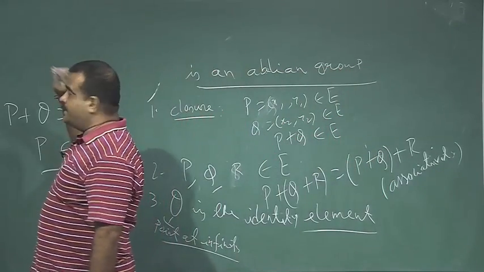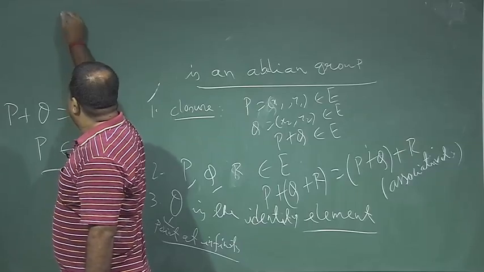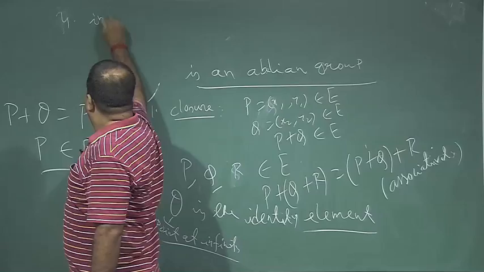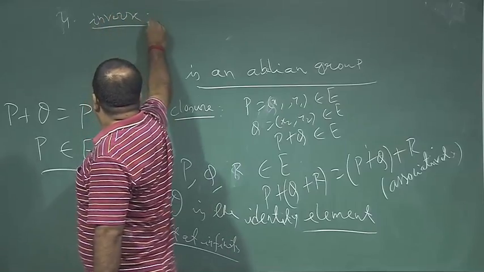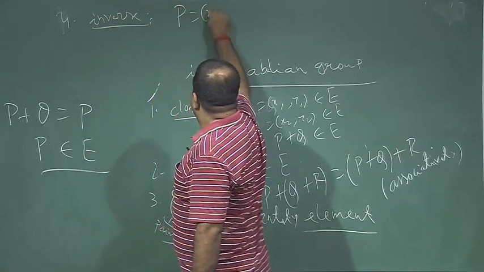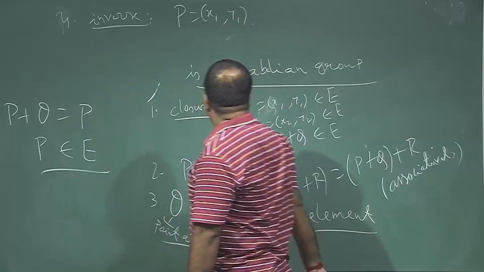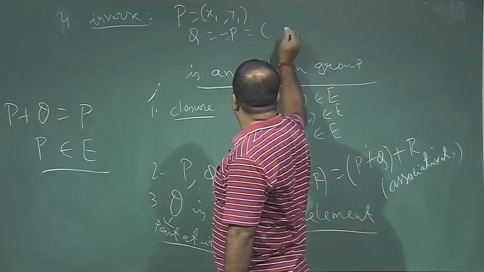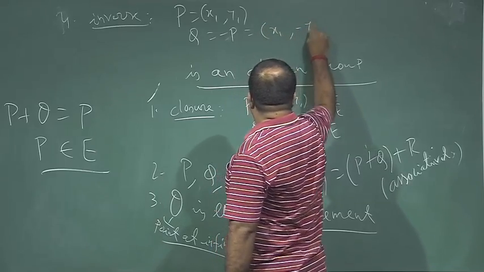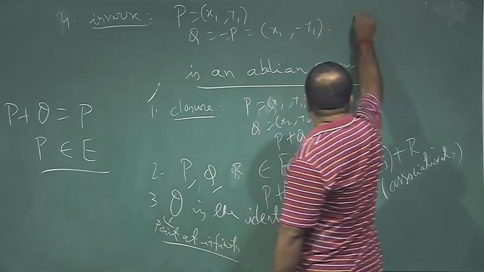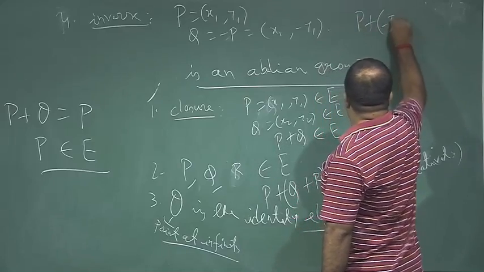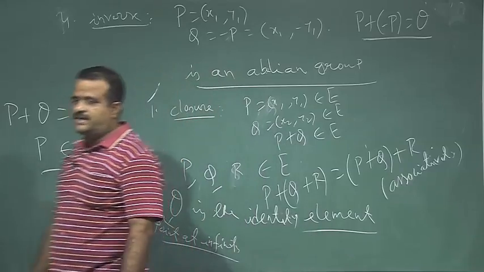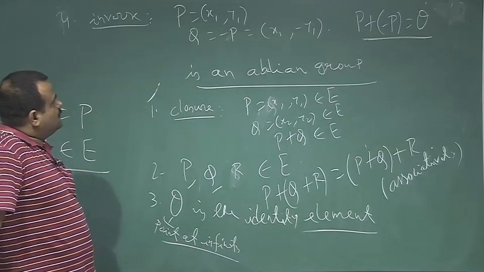So, for each P we have an inverse. For a P which is say (x1, y1), we have Q which is basically minus P, which is (x1, minus y1), such that we know that P plus minus P gives the identity element. So, this is the inverse. So, every element has an inverse.